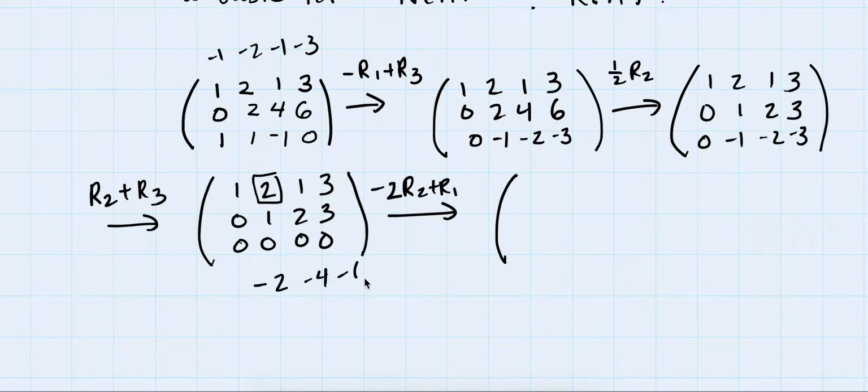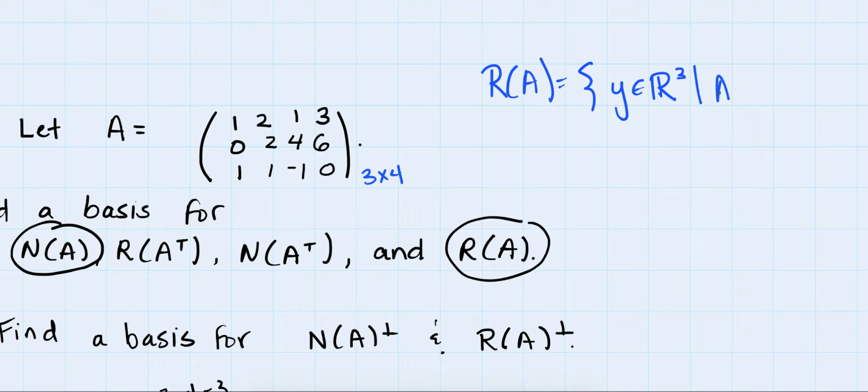So let's figure out what the range of our space is. Looking back at our matrix, it's right here. Let's recall what the range of the matrix is. The range is the set of all vectors y that belong to, now remember this is a 3×4 matrix, and when we multiply it by something that's 4×1, we're going to have a 3×1 matrix.